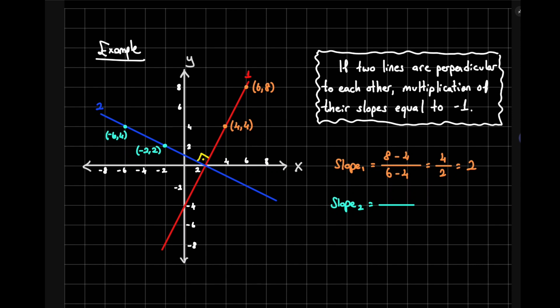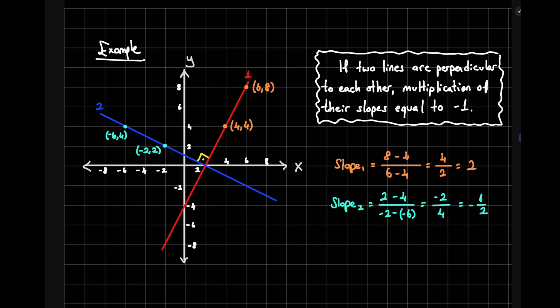The change in y value is 2 minus 4, and the change in x value is -2 minus -6, and that is -2 over 4. Therefore, the slope of our line 2 is -1 over 2.